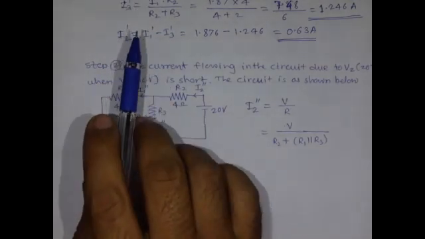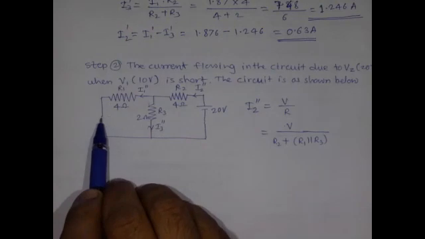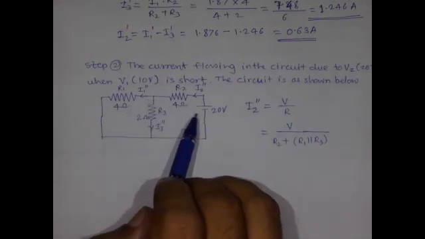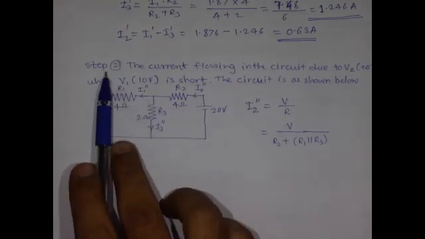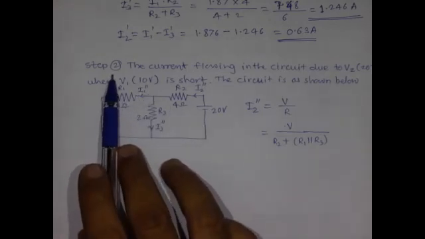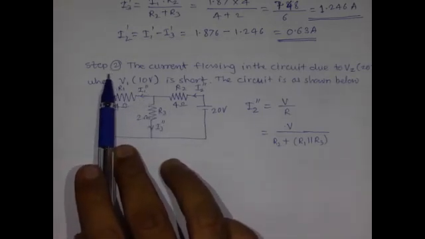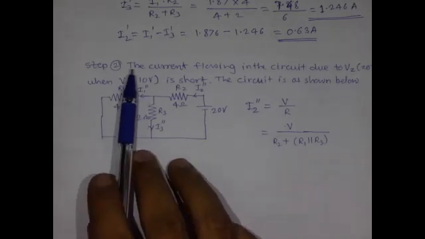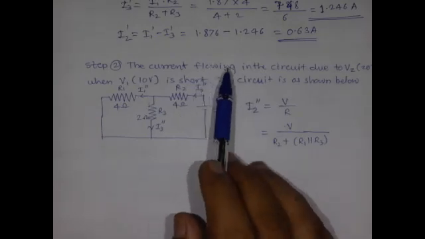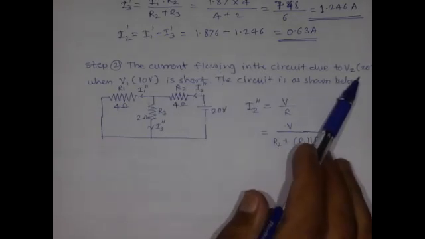These are because of the voltage source Phi1, which we connected initially. Now we have to find the other current components because of Phi2, and these current components are calculated with the following formula. We first convert the given circuit into the required format for the current flowing in the circuit due to Phi2.